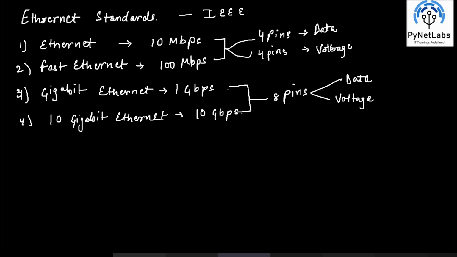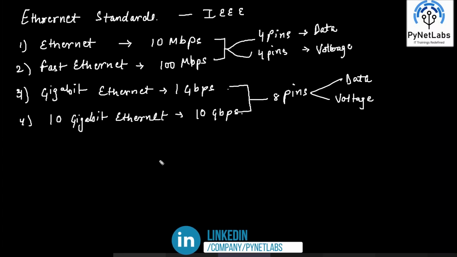Now, since we are done with the introduction about types of cabling and types of communication, we learned how we can convert an IP address to binary form, which is a computer understandable form. Before that, we learned about switch.